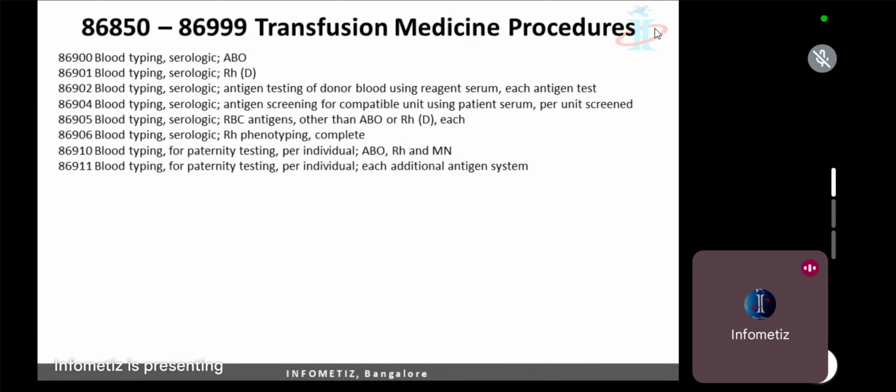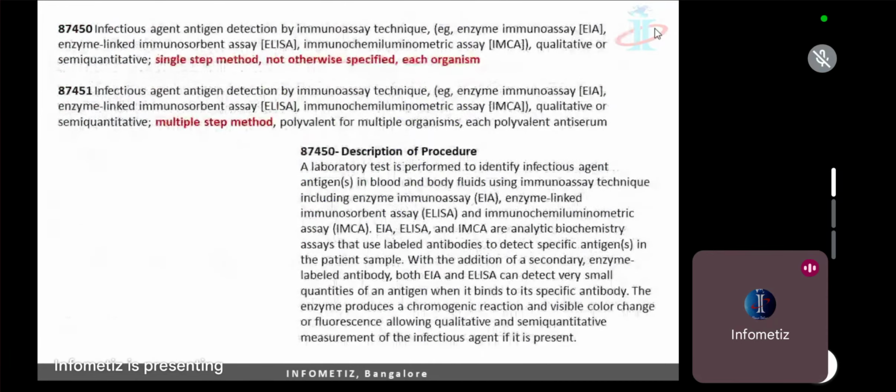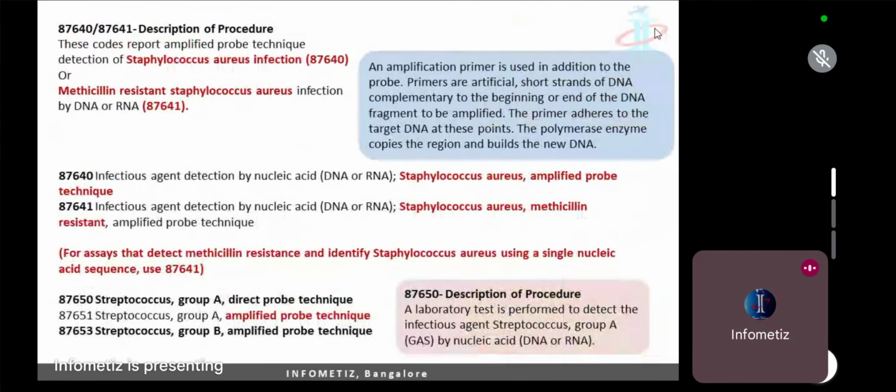Okay, 87653. Highlight probe technique. 87651 and 87653, both are probe technique for group A and group B strep. 87850 also is probe technique.